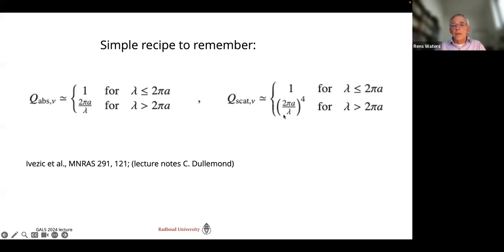And so you can see here the Rayleigh scattering lambda to the power minus 4 popping up.